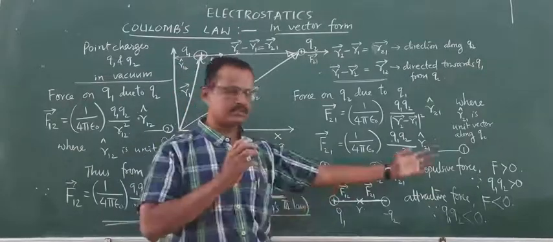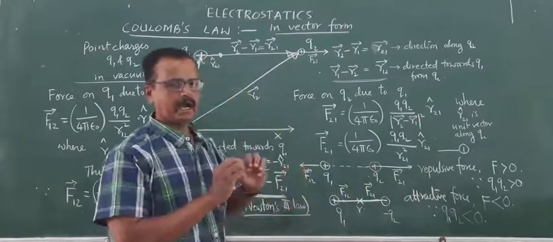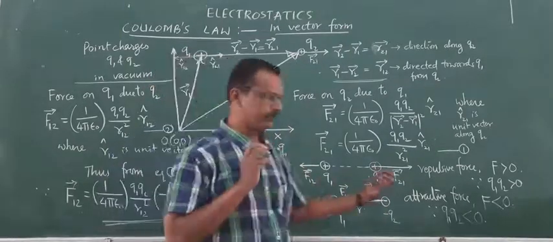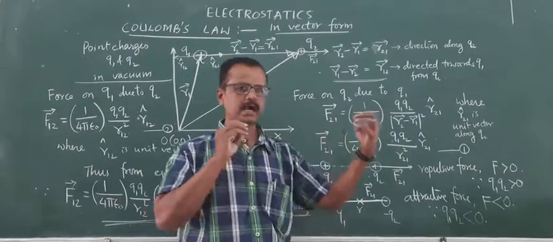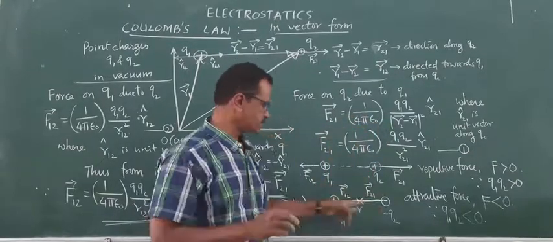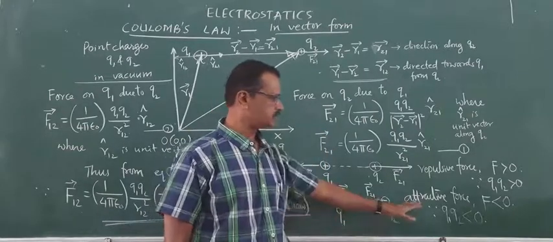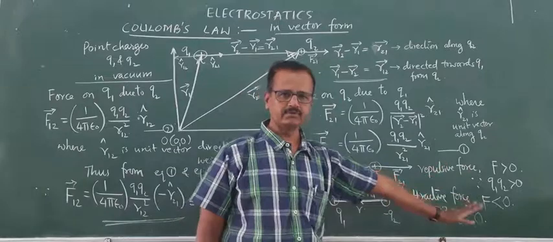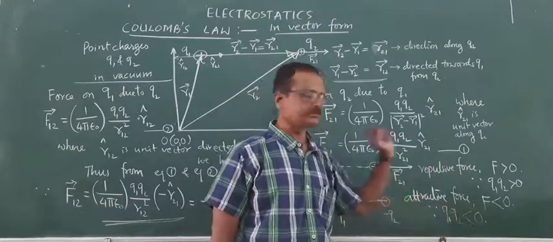So, repulsive force is denoted by the forces which are acting away from the charges. Attractive forces are represented by the forces which are acting towards each other, mutually attractive forces. Attractive force is negative force. The reason is the product of charges is negative.